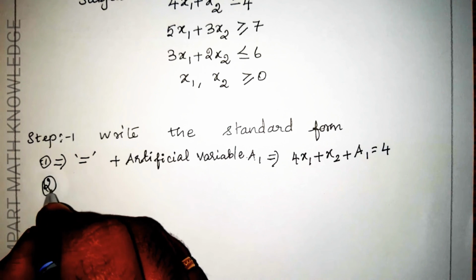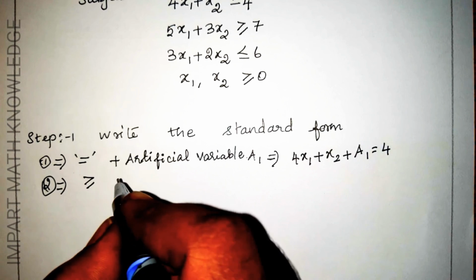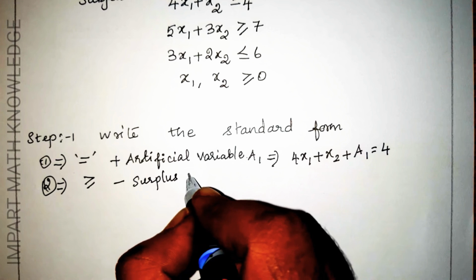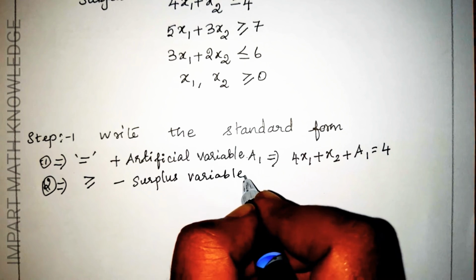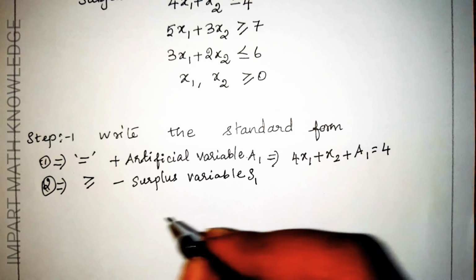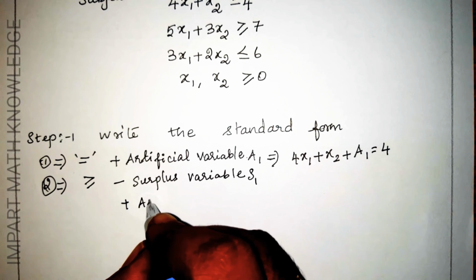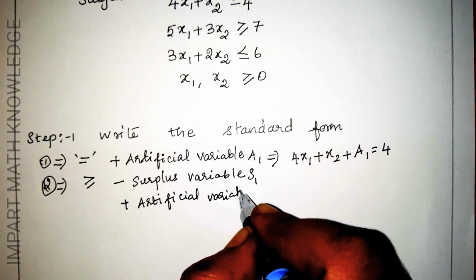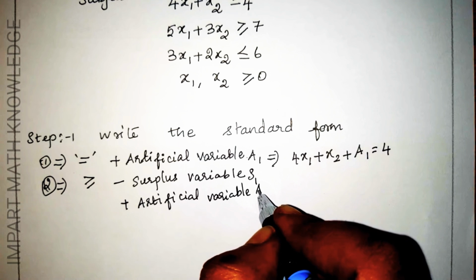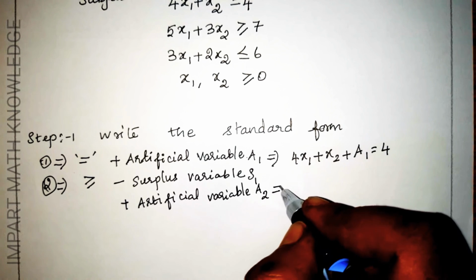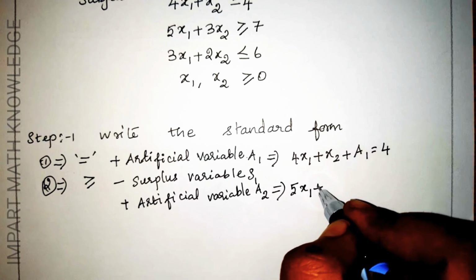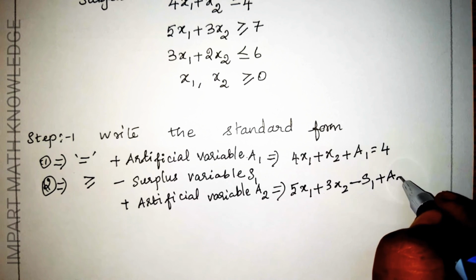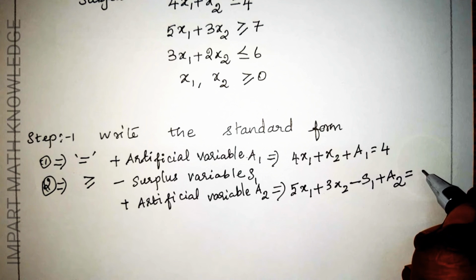The second condition is of greater than or equal to type, so you have to subtract the surplus variable and add the artificial variable a2, that is 5x1 + 3x2 - s1 + a2 = 7.